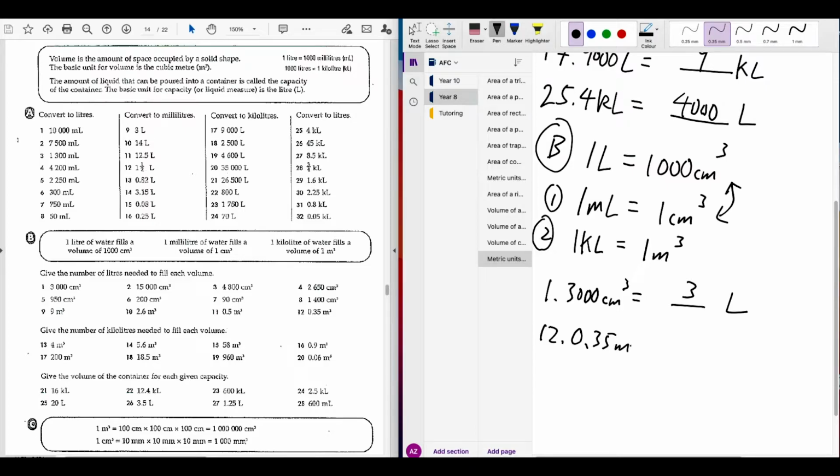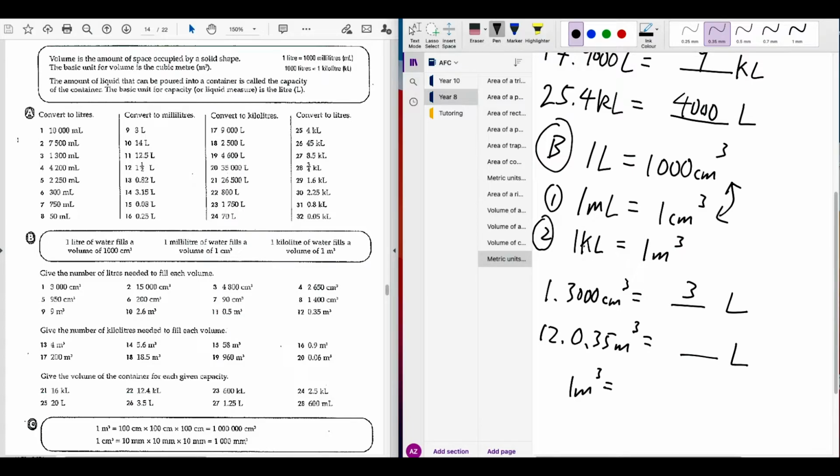Right. All right, let's do question, say, 12. 0.35 meter cubed is equal to how many liters? Okay, so this one's a little bit more tricky. Now, we don't actually have a relationship between meter cubed and liter, but we do have one between meter cubed and kiloliter. So let's just try to work out how many kiloliter there is, right? So if 1 meter cubed is equal to 1 kiloliter, then how would we convert kiloliter to liters?